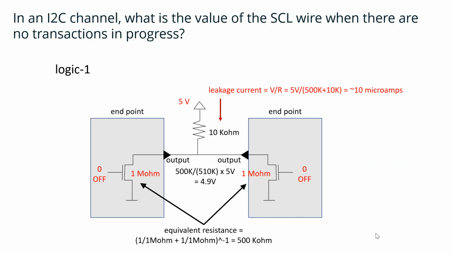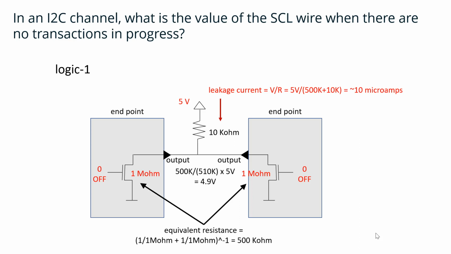In an I2C channel, what is the value of the SCL wire when there are no transactions in progress? The SCL is the clock, but it wouldn't have mattered if I said SCL or SDA, because if there's no transactions, the open drain drivers are not pulling down. The only option they have is to pull down, which means that the voltage is going to be resulting from a voltage divider between a 10 kilo ohm on the high side and hundreds of thousands of ohms or mega ohms on the low side, right?